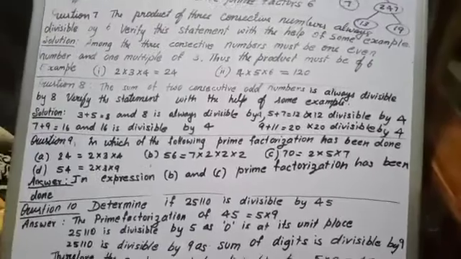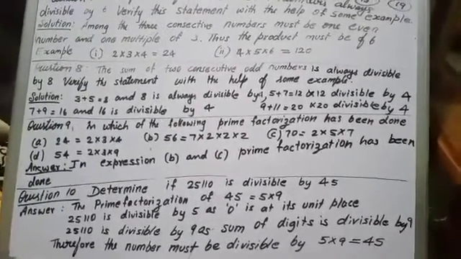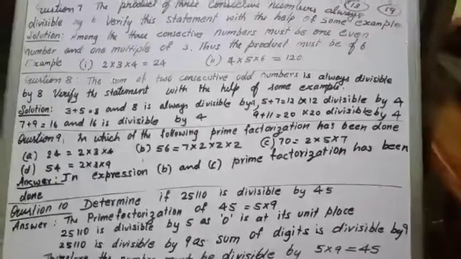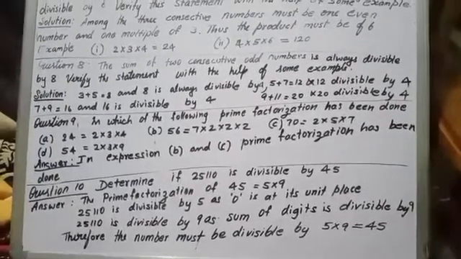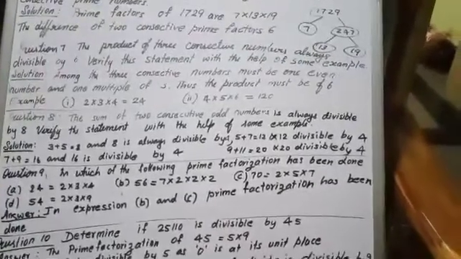Therefore, the number must be divisible by 5 times 9, which is 45. In this way, we can check the answers.